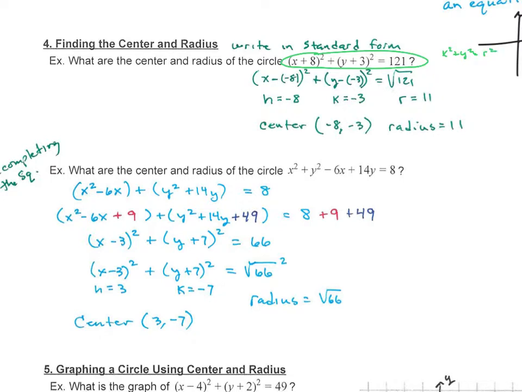So I can go ahead and replace the values. Let me expand out that transformation: we have x minus something squared plus y minus something squared is going to be equal to something squared.